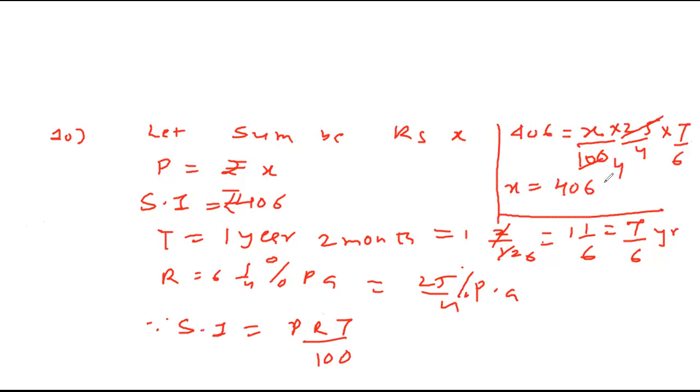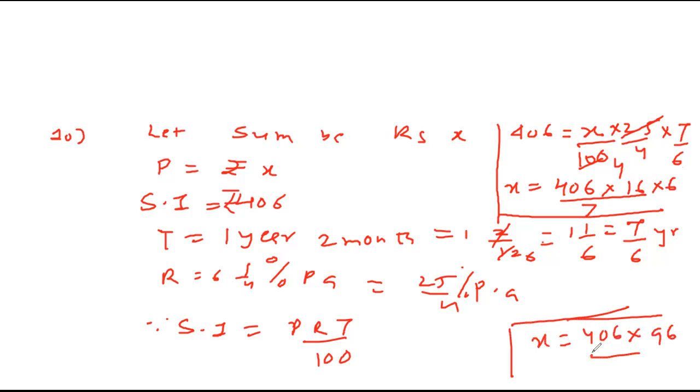So 406 into 4 into 6 upon 7. Therefore, X equals 406 into 16 into 6, 96 upon 7. 406 into 96 divided by 7. 5568 is coming.